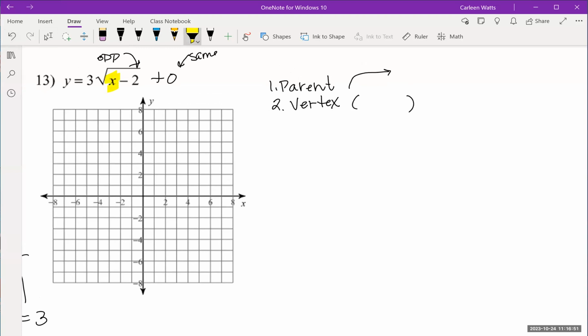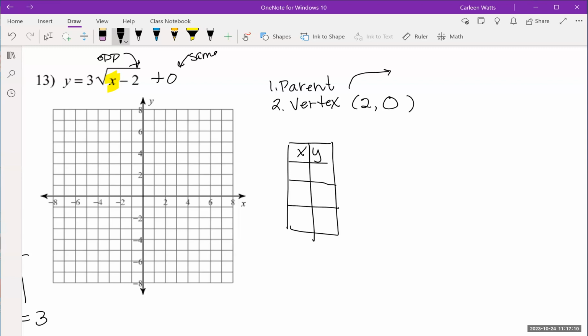Yeah, it's the one with the x. So opposite sign. The x coordinate is +2. Thank you. The y coordinate is 0. So let's make a table. And 2, 0 goes in there.